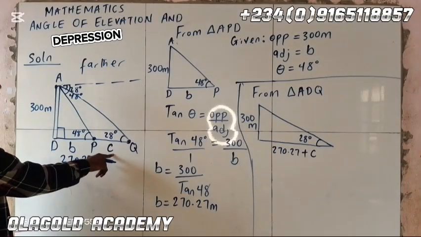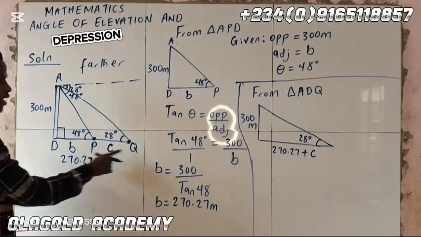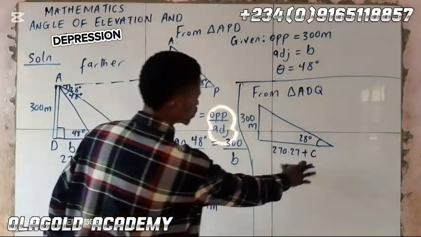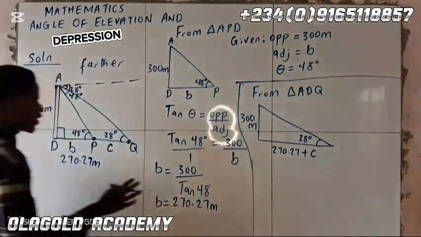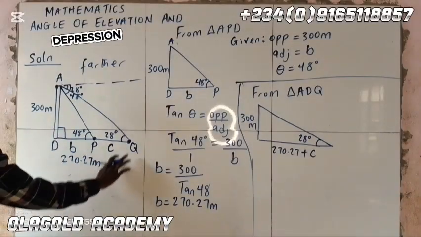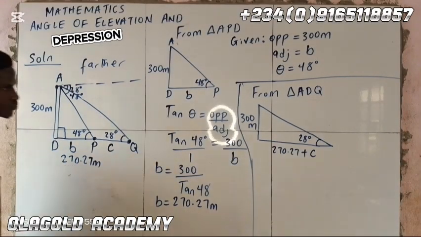Remember, I'm asked to get the distance between the two cars, which is P and Q. So I can use my total distance here to get the distance between P and Q.